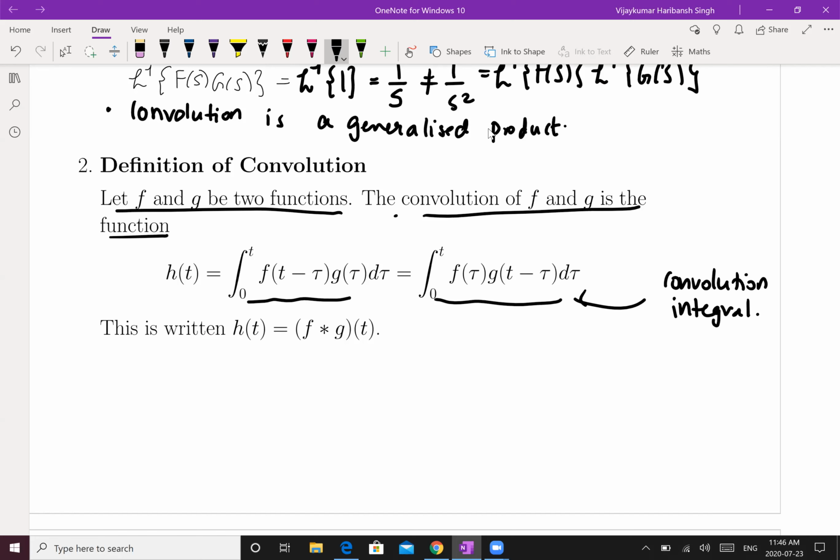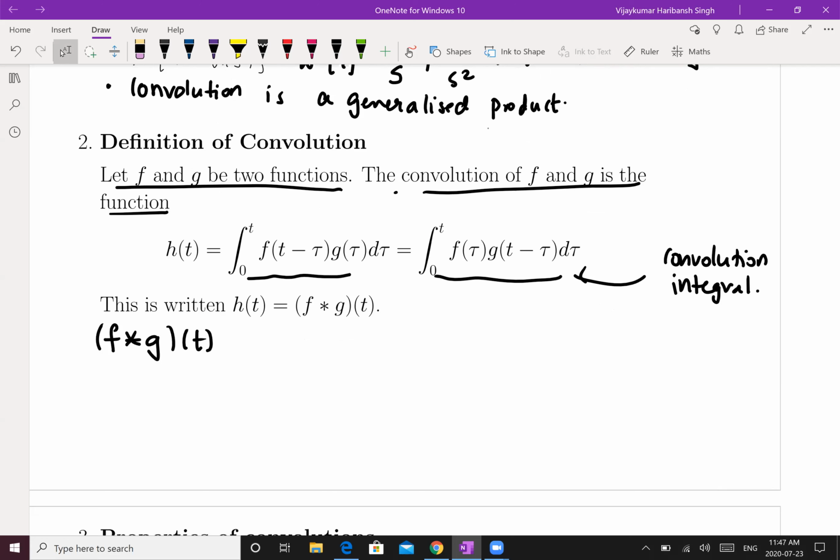And we write them as f star g, to indicate the variable t. You can basically see that both these formulas are equal.